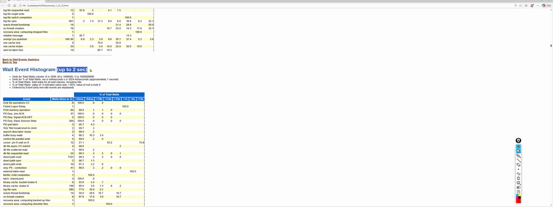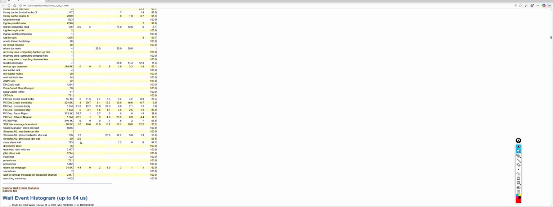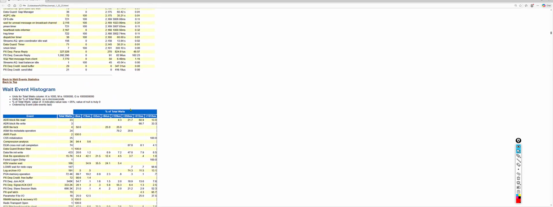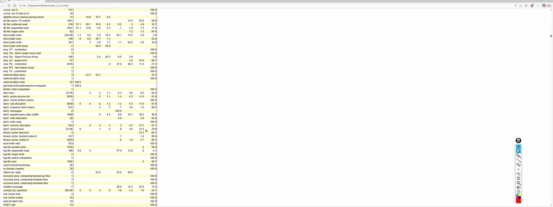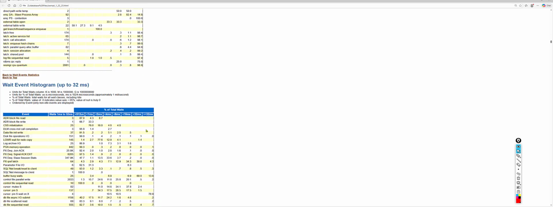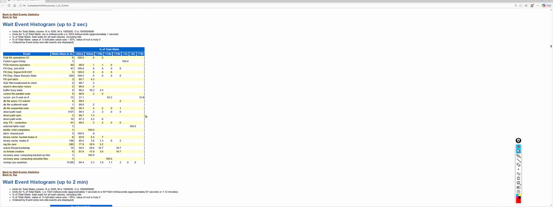So 2 second is very high. This is in ascending order, not descending order. Here 512 microsecond is the starting point, and the largest is the 2 second. In the 2 second, a lot of wait events would be eliminated.